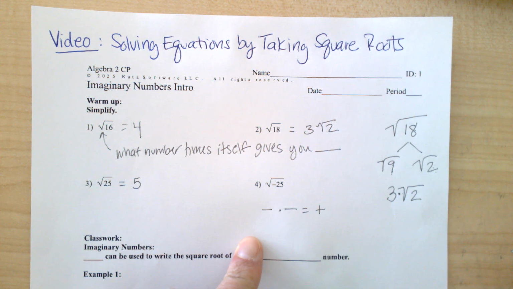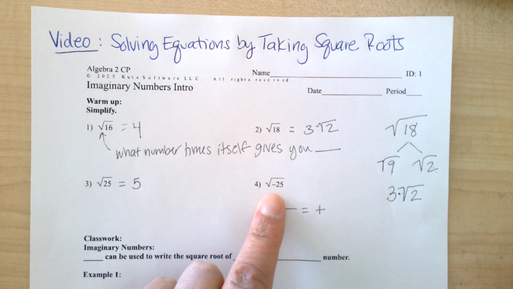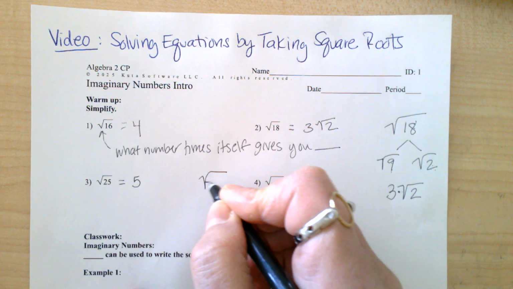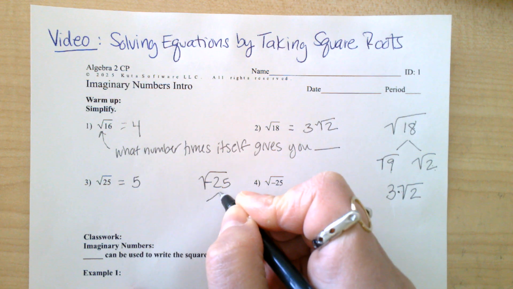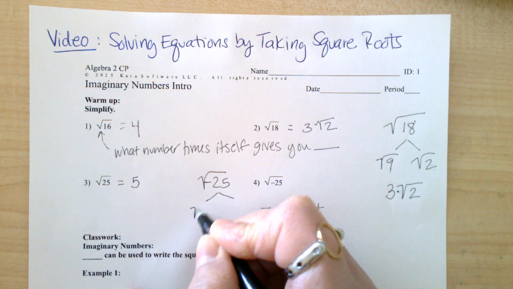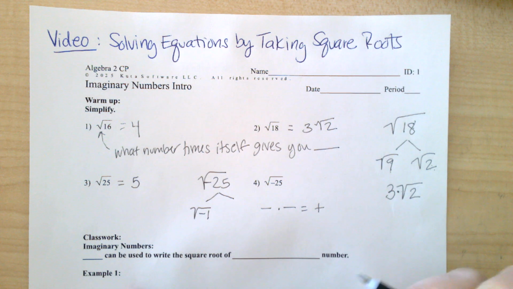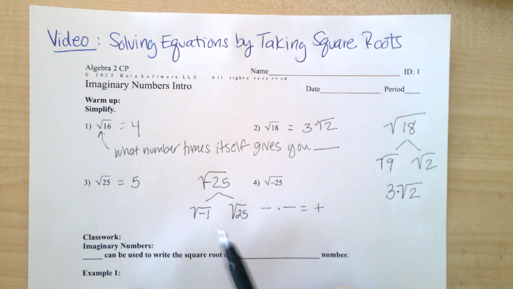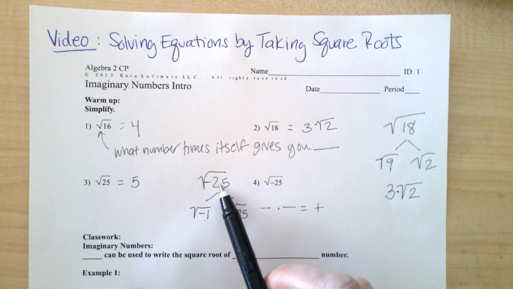So we're going to have to go into the imaginary number system. And this is where, with this negative number, and I'm going to do some side work over here, negative 25, we're going to be able to take out that negative. That's really a negative 1 times what gets you back to 25, 25. So negative 1 times 25 is 25.